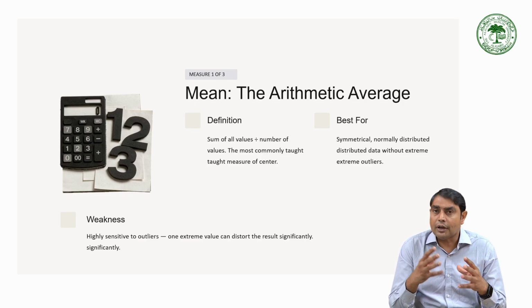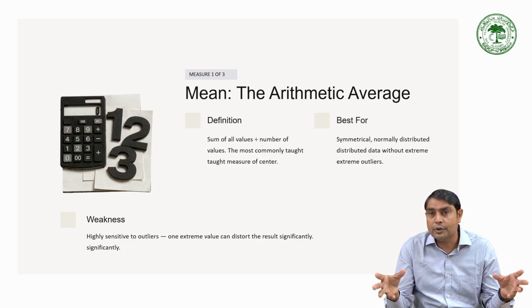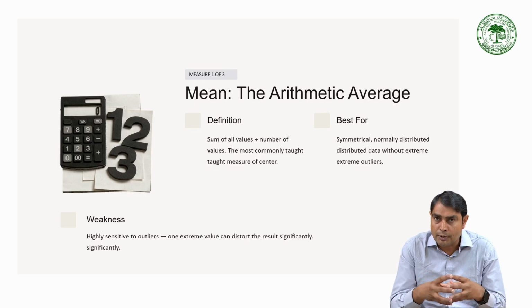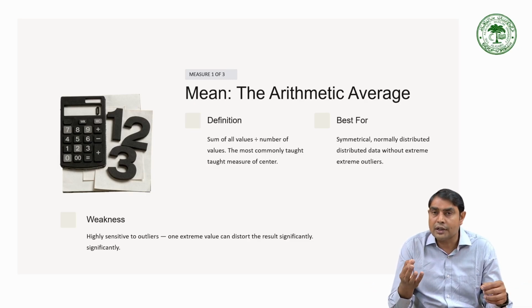Suppose you want to collect the pocket money given to each student. You collect it into a common pool and then distribute an equal amount to all students. Then your resulting answer is the mean. The money which you distribute to each student is the mean.